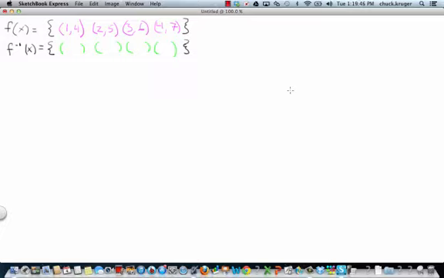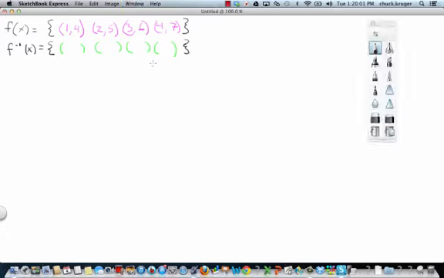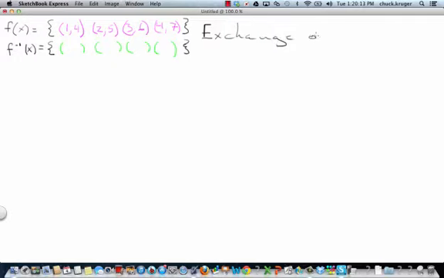And here I have the notation for an inverse, which is f with that minus 1. I'm going to write the inverse of the function. The definition for the inverse of a function is that there is an exchange of the domain and range.